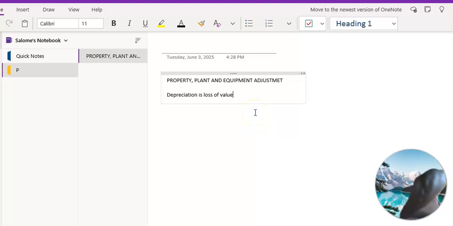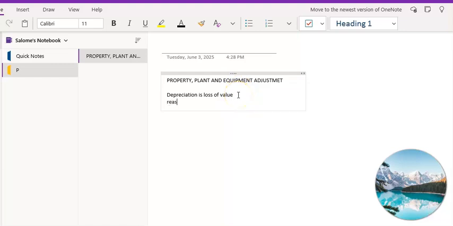Now let's see what is depreciation. So depreciation is the loss of cost, the loss of value on a non-current asset. And we want to see the reasons. Why do they lose value?